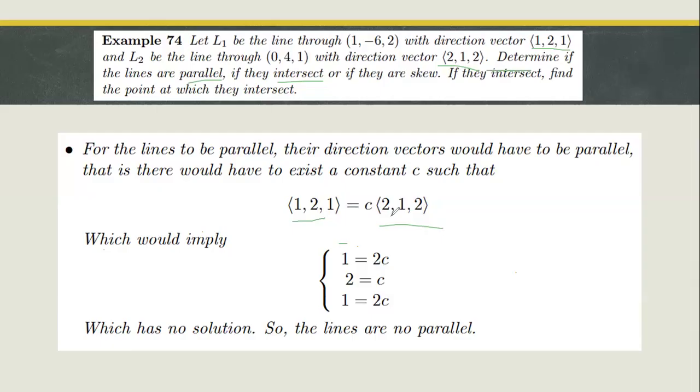If we multiply by a value c, we would have 1 is equal to 2c, 2 is equal to c, and 1 is equal to 2c. There is no solution for a value of c that would give the multiples, so these lines are not parallel.